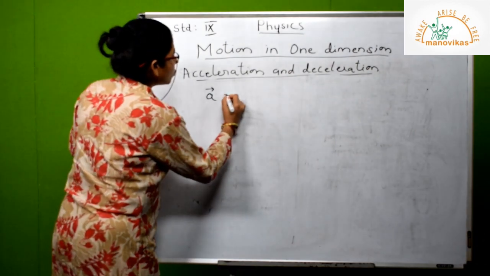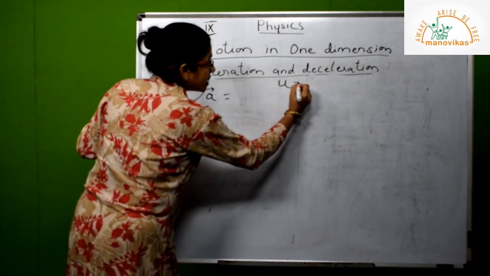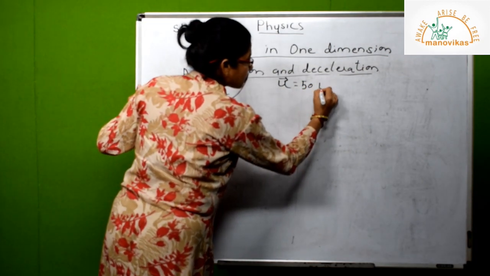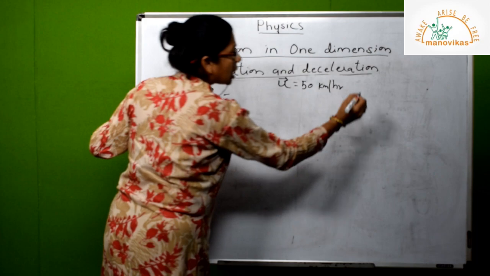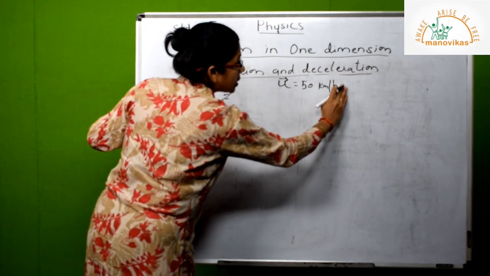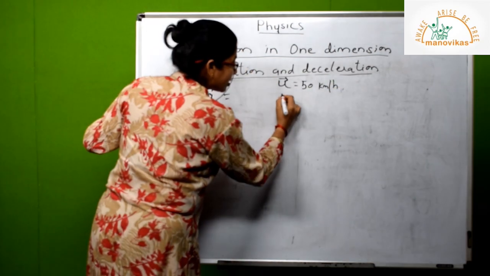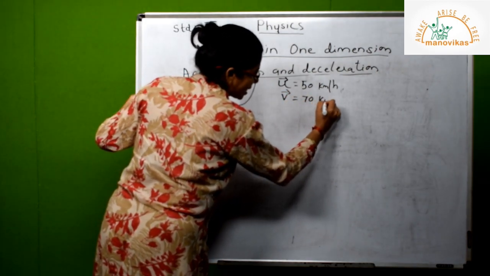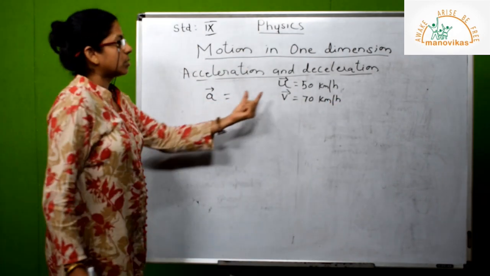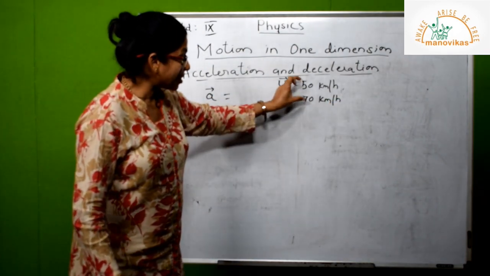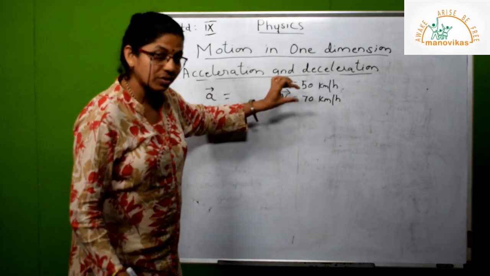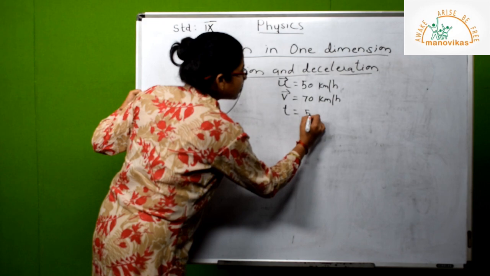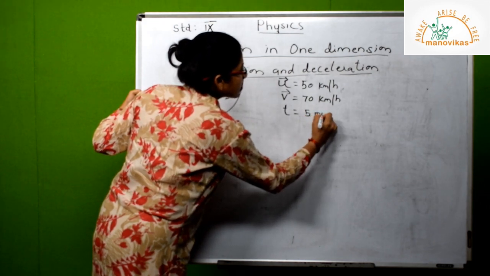Suppose u is the initial velocity, which is 50 kilometers per hour, and you have the final velocity v as 70 kilometers per hour, and the time taken for this change is 5 minutes.